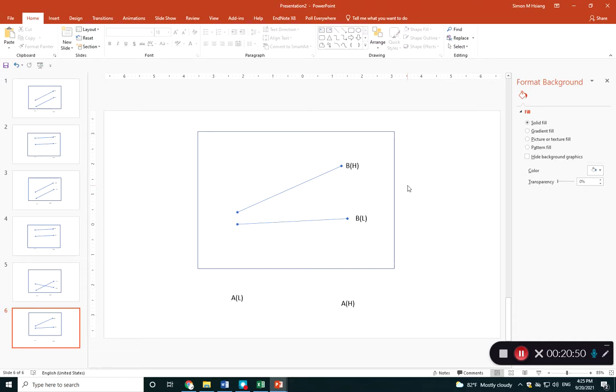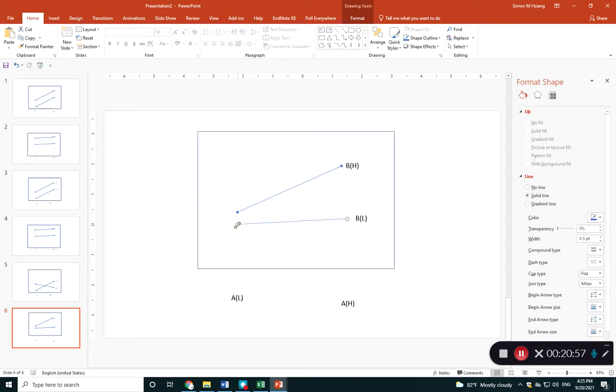Let me make it a little easier. A effect from low to high is always positive. But the rate of increasing depends on the B. If B is at a low level, the improvement is tiny. But if B is at a high level, it's not tiny.